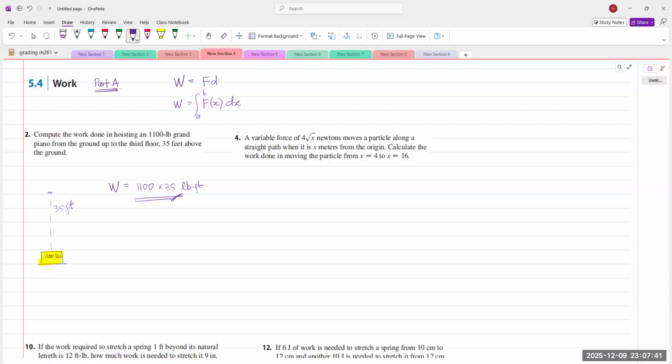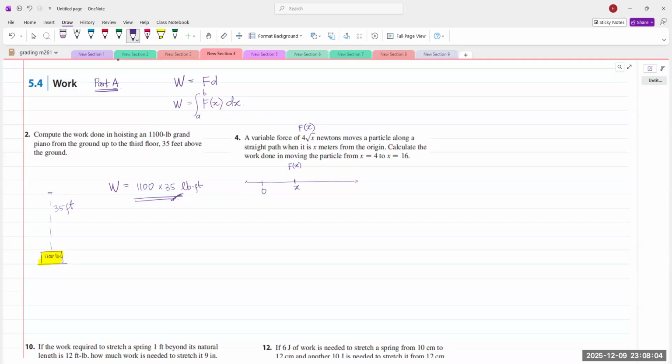Okay, number 4, a variable force. So this is actually the force function. It moves a particle along a straight path when it is x meters from the origin. So if this is x here, then the force associated to that is 4 square root of x.